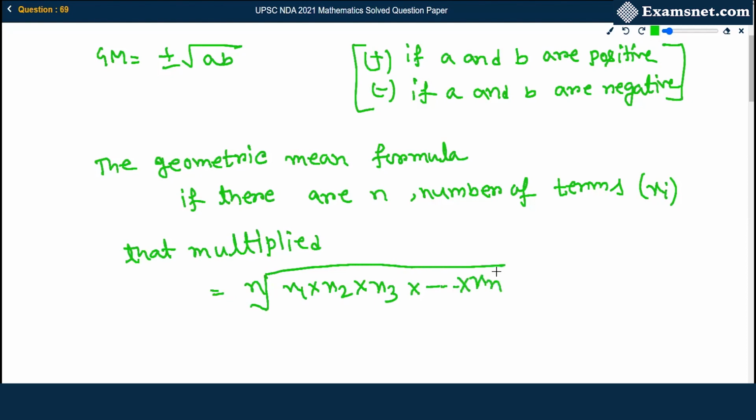This is the formula. That means if I'm trying to find geometric mean for 3 numbers, I will find the cube root. If it's 4 numbers, I will take the 1 by 4 power of the multiplication of those 4 numbers. This is the formula.